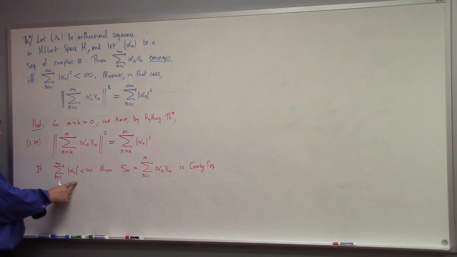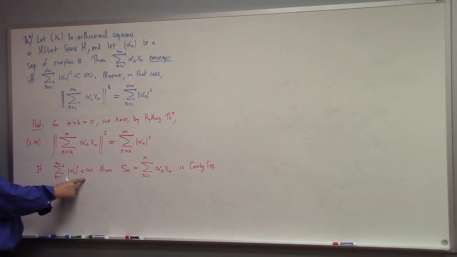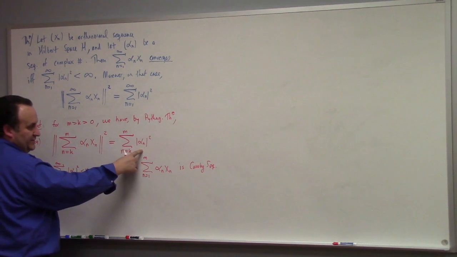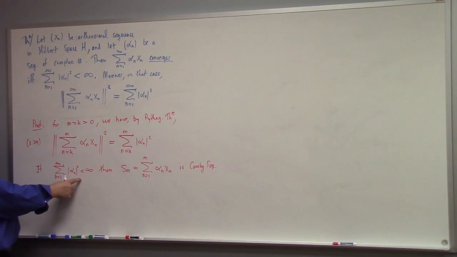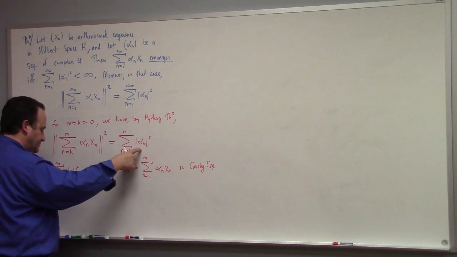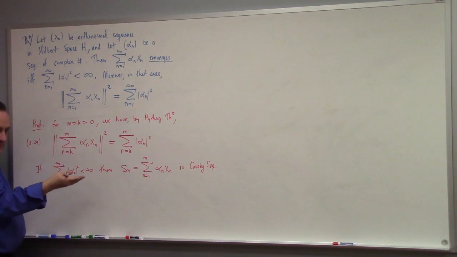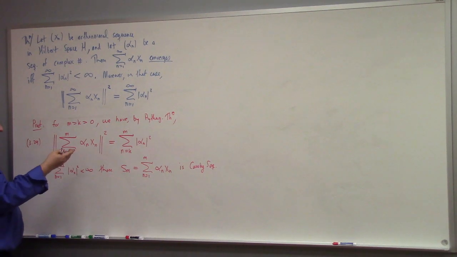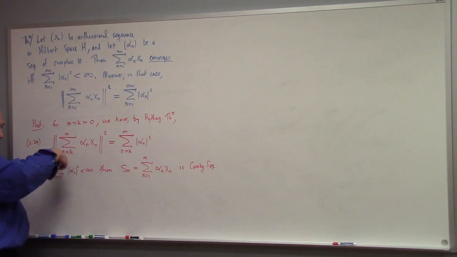Yes, these are equal. But my point is that this is finite. That's the whole series, right? The limit of this as m goes to infinity exists because you're given that this is finite. So that means that this, as m goes to infinity, converges. Which means that this in total is a convergent sequence.